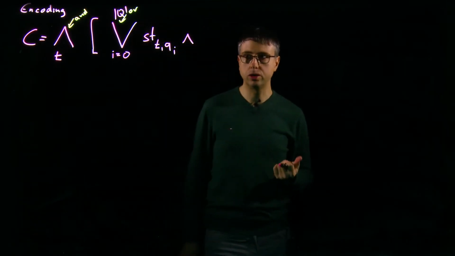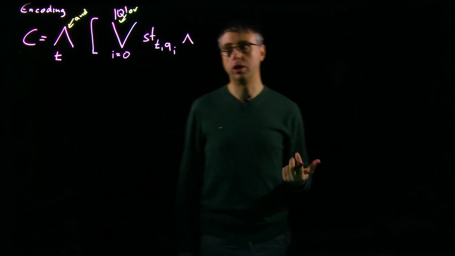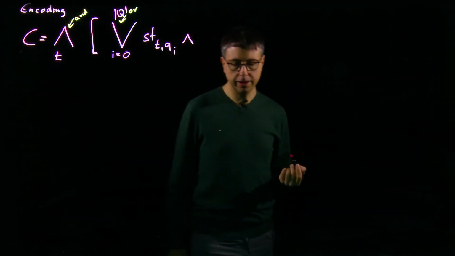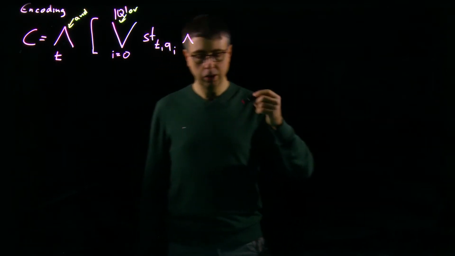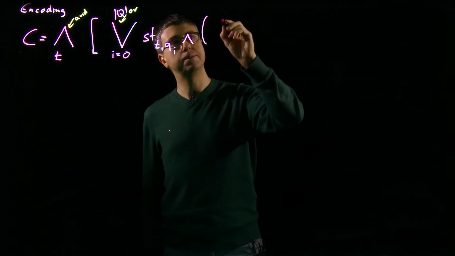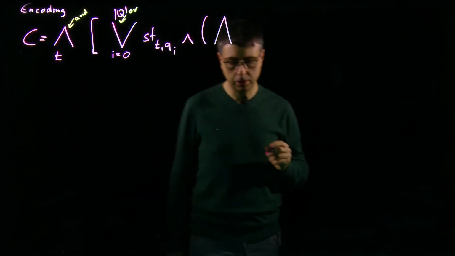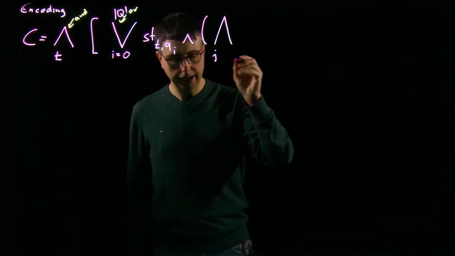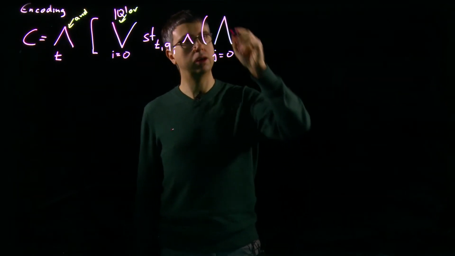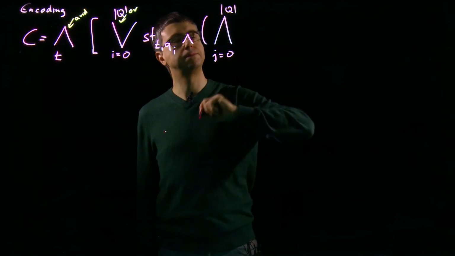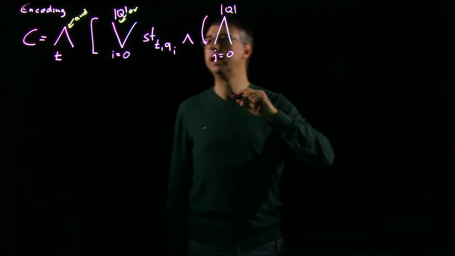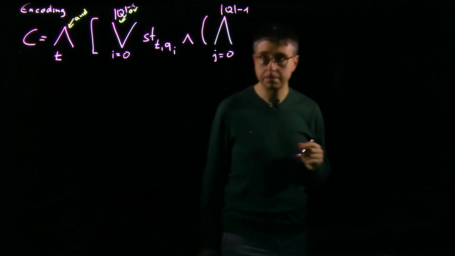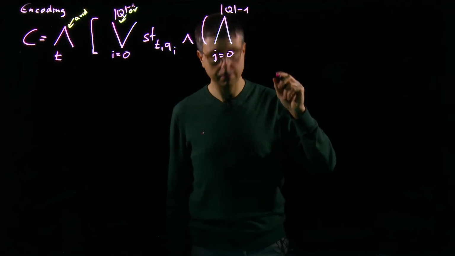On the other hand, we have to ensure that there is only one and not more, that the Turing machine is not in more than one state. And to ensure that it is not in more than one state, we use a second formula, and this says, okay, we take all the states, now I use the index j, and again I start with 0 and go up to the number of states minus 2, sorry.